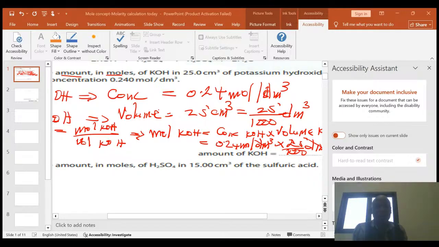If you cross multiply, we have 2x equal to 0.006, and therefore x is equal to 0.006 divided by 2, which is 0.003 moles of sulfuric acid. So this is how we will solve this question.